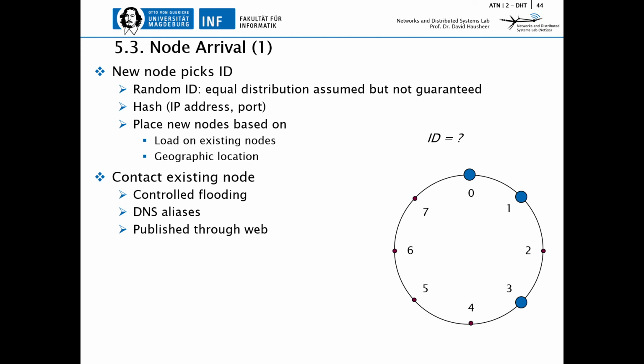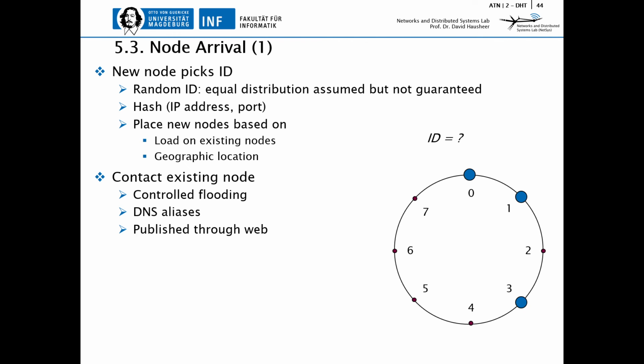Now finally, let's look at what happens when new nodes arrive in the network. This new node first needs to pick an ID that can be based on a random ID. Here it is assumed that with this approach the node IDs will be equally distributed, but in fact that is not necessarily guaranteed, depending on what type of random generator is being used.